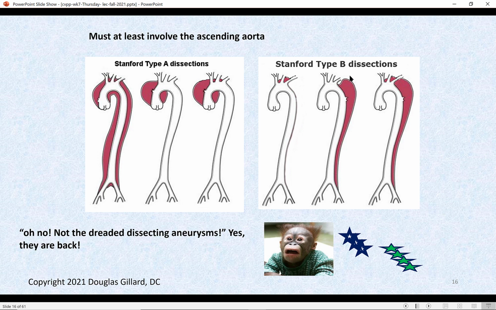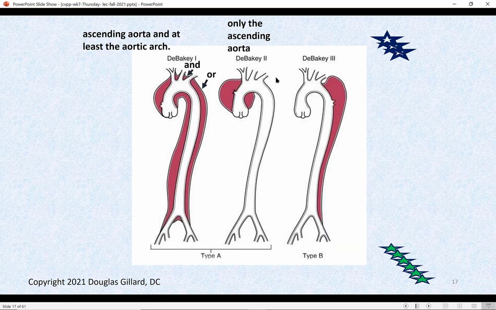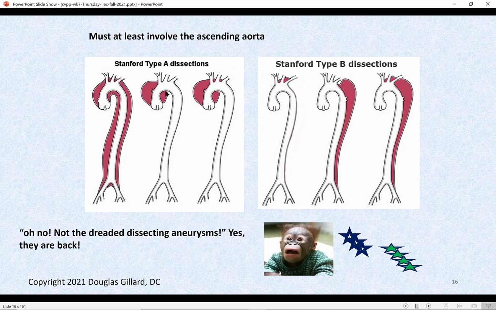Stanford A, Stanford B, DeBakey 1, DeBakey 2, DeBakey 3. We've talked about these things like crazy, and I don't think I need to go over them again, but they're back on the test. I will quickly. Stanford A has to involve the ascending aorta. That's it. Doesn't care if it involves the entire aorta.